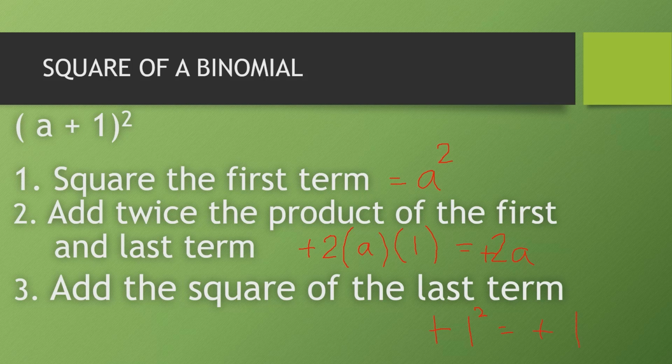Combining, the square of the first term a is a squared, plus 2 times 1 times a, that is 2a, plus the square of the last term, 1 times 1 is 1. Meaning the square of a plus 1 is equal to a squared plus 2a plus 1.